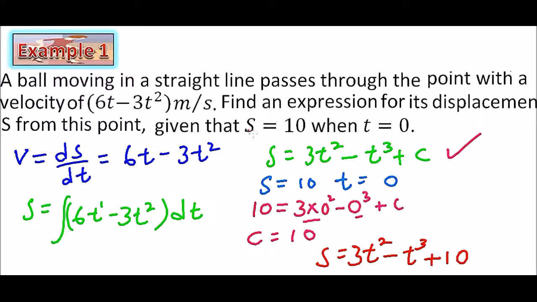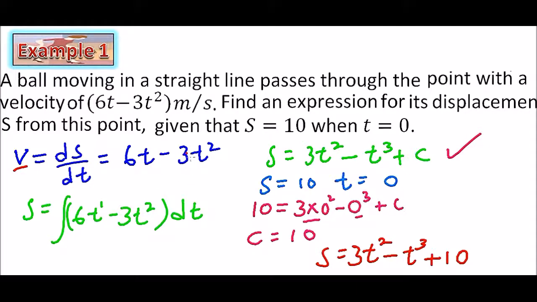So we can say now that we have applied. We say that integration is the reverse of differentiation, and when you differentiate an expression, this expression was the expression for velocity. To get velocity, you differentiate the displacement. When it was differentiated, you got 6t minus 3t squared.